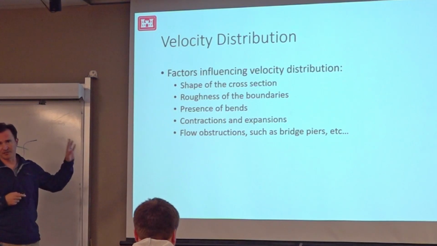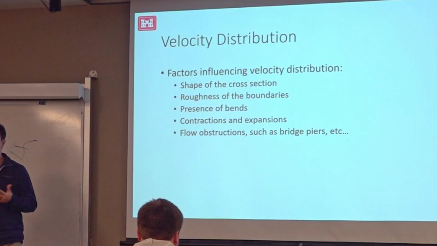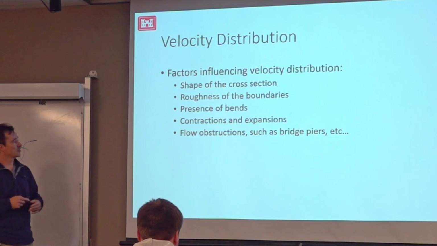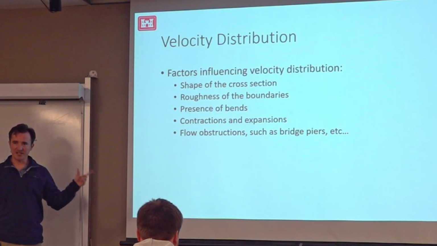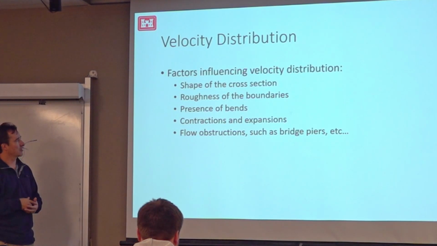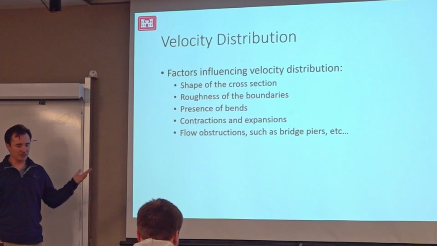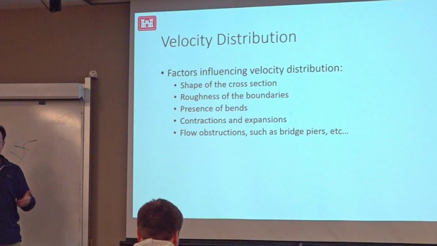We're going to show how the friction is computed later on, but you'll see that it's a function of the water depth. So even for the same flow, if you have a different velocity distribution, you'll have different energy losses in that cross section. That's why it's important. And obviously, in real life, different parts of your cross section are going to have different roughnesses, and that will lead to different losses.